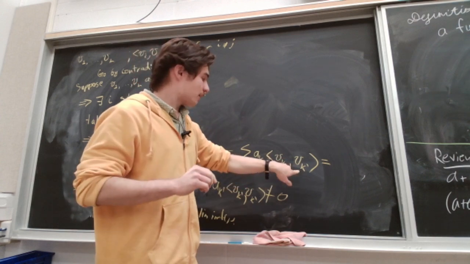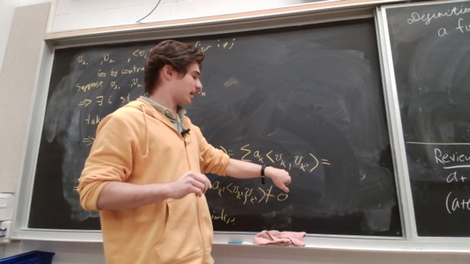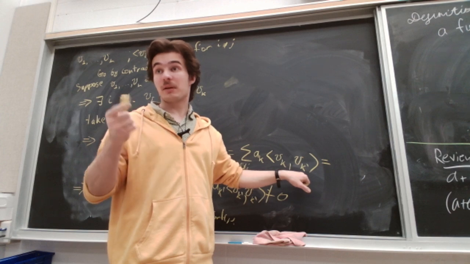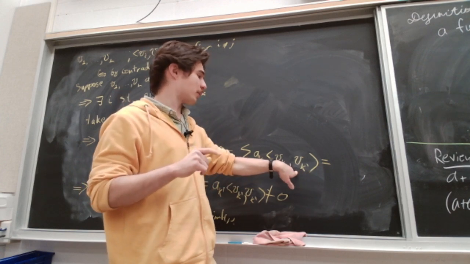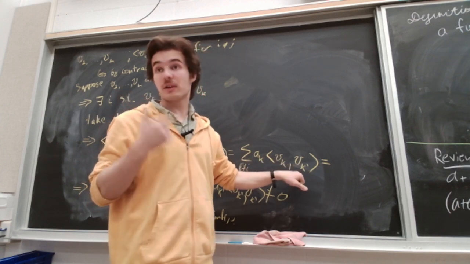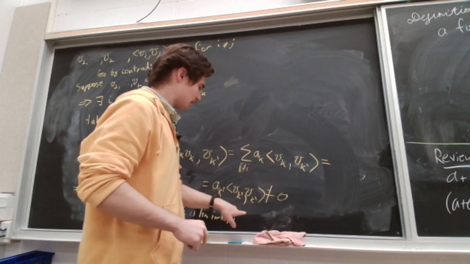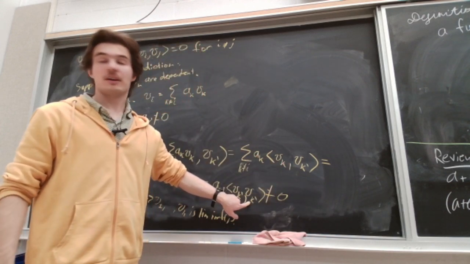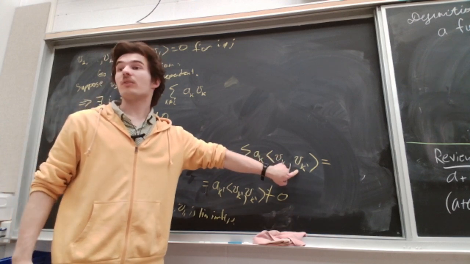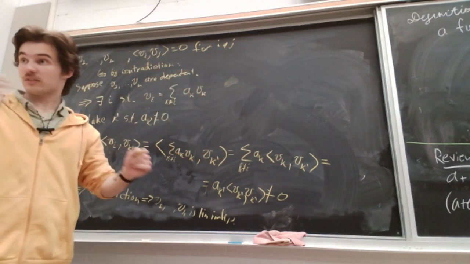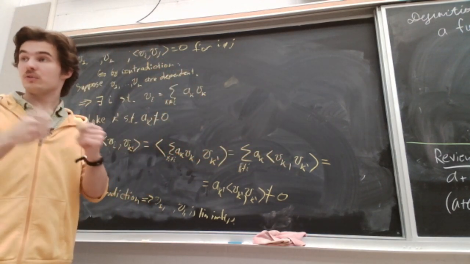This is 0 if v_k and v_k prime are different vectors, and this is some positive number if they are the same vector. So in the sum, the only bit that contributes is v_k prime with v_k prime, because all the other inner products are just 0 by assumption, because we said let's look at vectors which are all mutually orthogonal to each other.